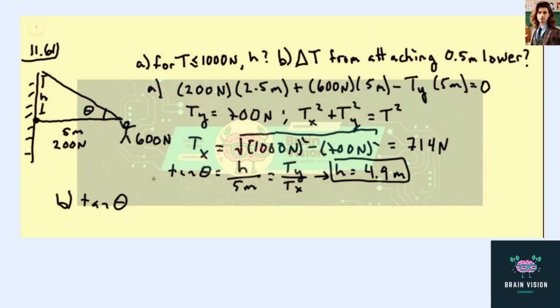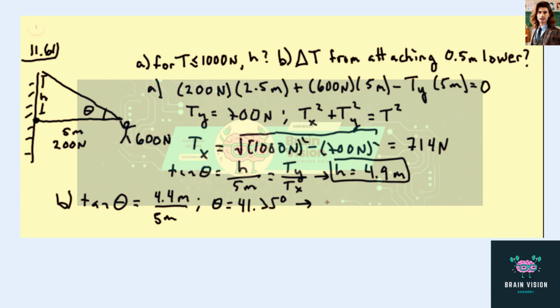Here, tangent of theta is going to be 4.4 meters divided by 5 meters. The angle is 41.35 degrees.